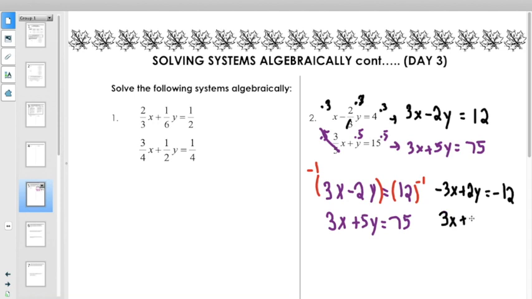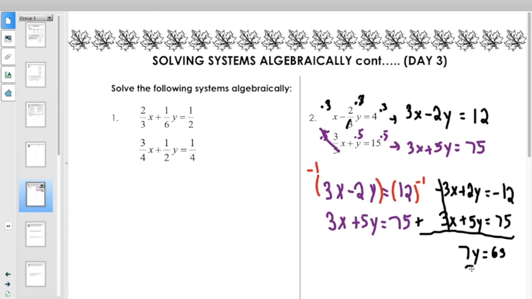So 3x plus 5y equals 75. Okay, so this whole thing turned into this thing. And then my last step is to add them together. Once I do that, my x's will cancel out. -3x plus 3x cancels out. And I have 7y equals 63.